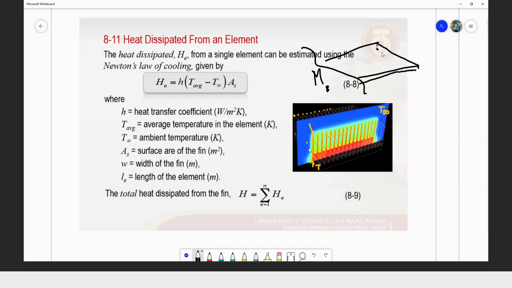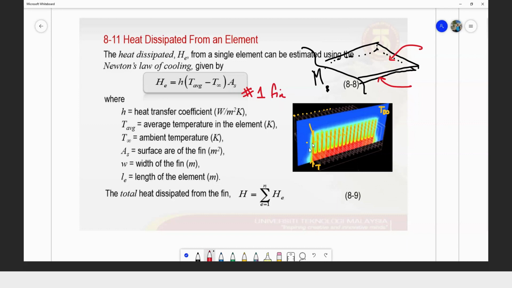So when you want to predict the heat dissipated from the fin element for a single element, you have to consider the surfaces. We have the top surface and the bottom surface, so two surfaces for one fin. This calculation is for one fin.